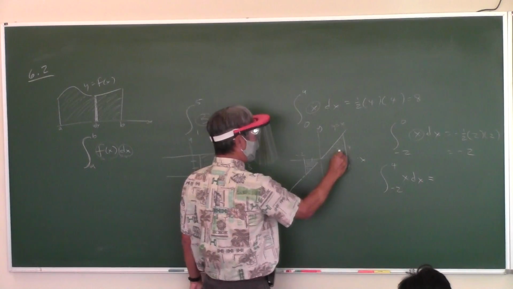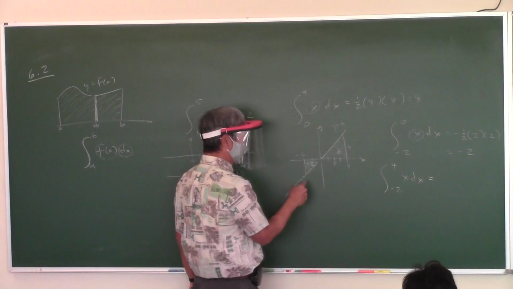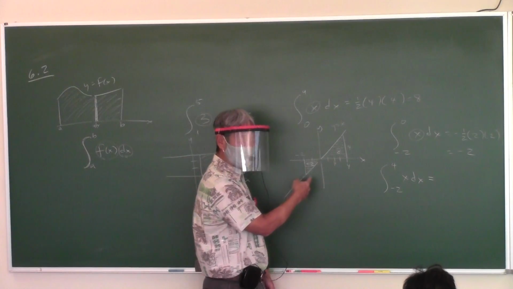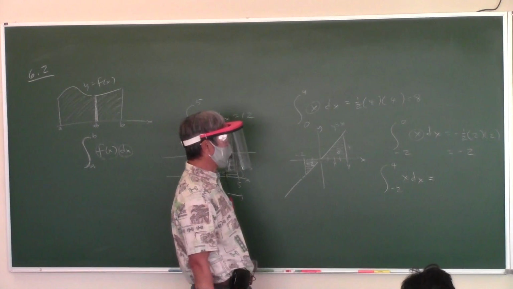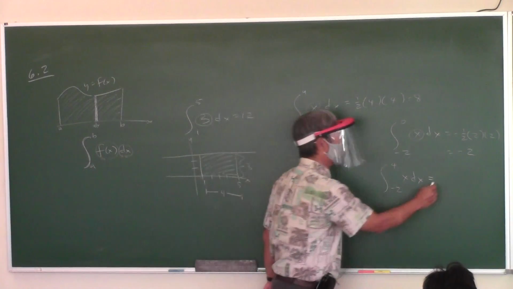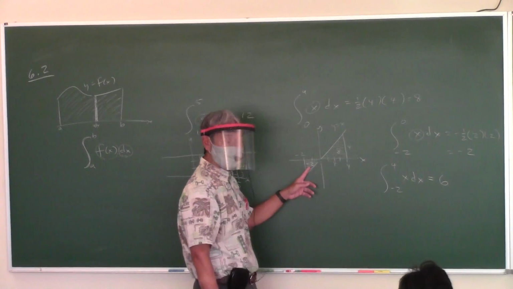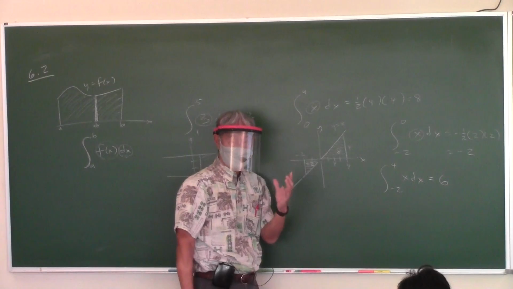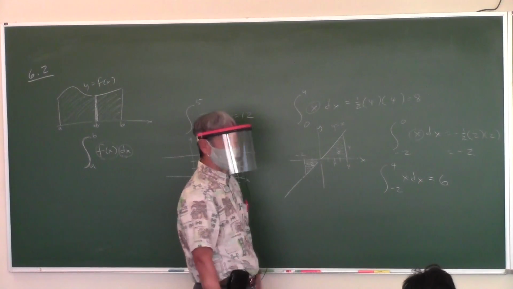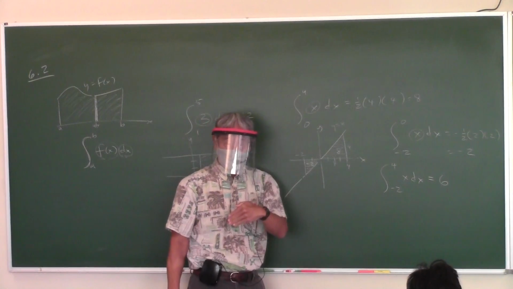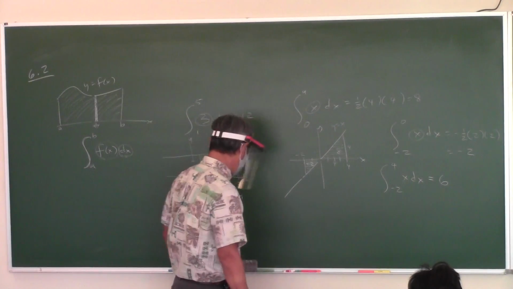Well, if this one was 8 and this one was -2, I'm not saying the area is -2, the integral is -2, so what do you think the answer should be? It's right, 6. Because this is below the x-axis, it counts negative. So everybody understand, if the graph goes below the x-axis, it counts negative.